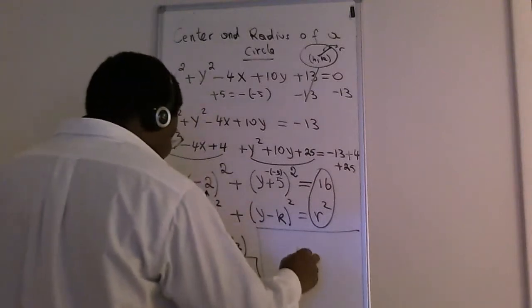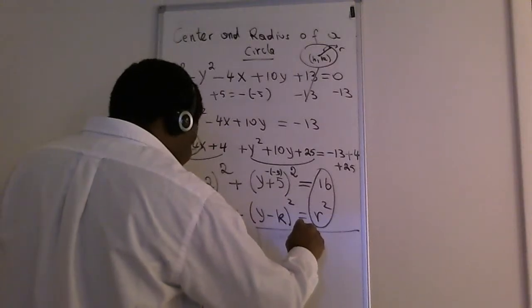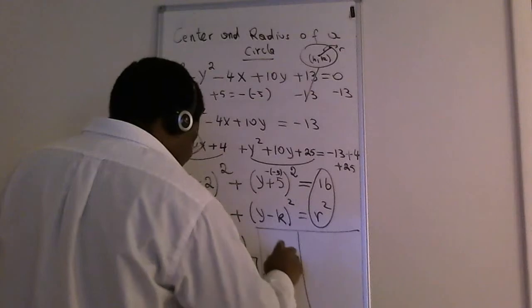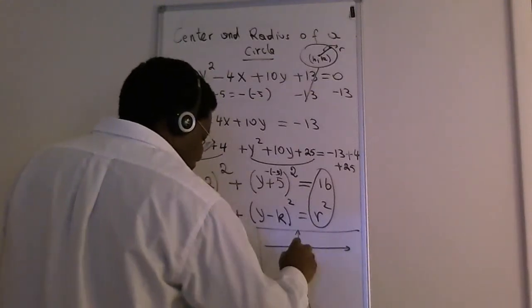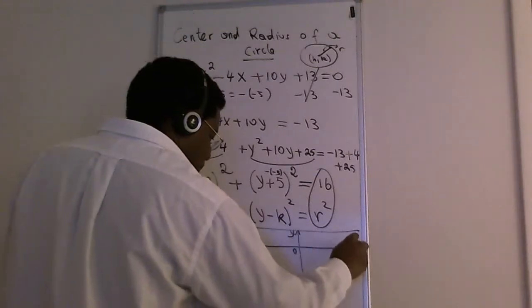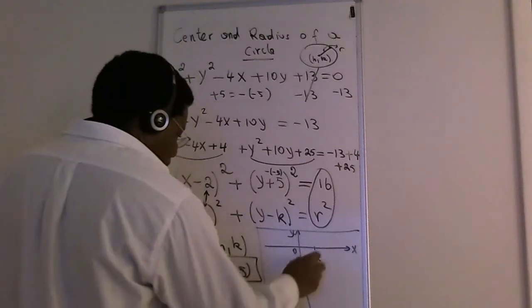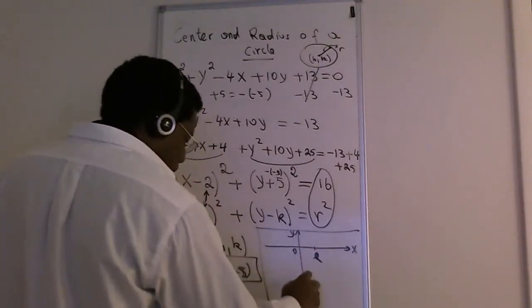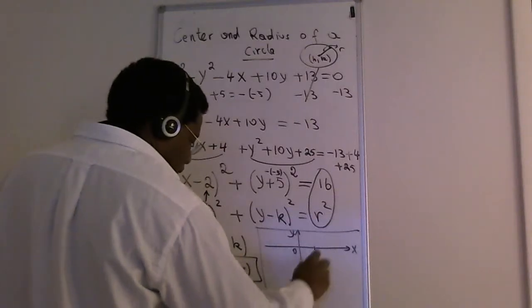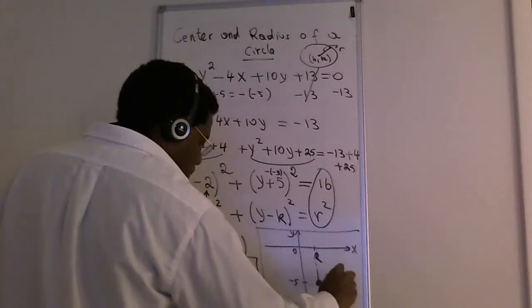So if this is my x and y coordinate, now I can place 2 here. Okay, this is 2. So I'm trying to plot the center, and negative 5, let's assume negative 5 here. So the center of my circle is right there. So this is 2 comma negative 5.